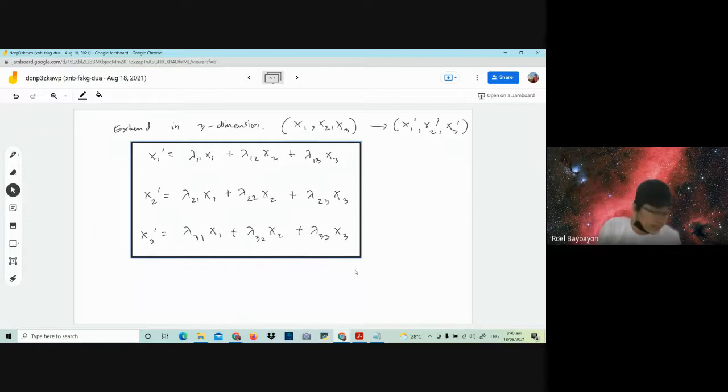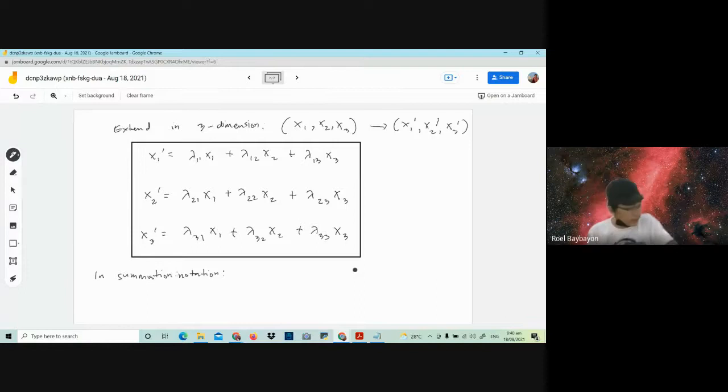It is long, but I can write this in summation notation. So a summation lets us write these long equations as one simple equation.